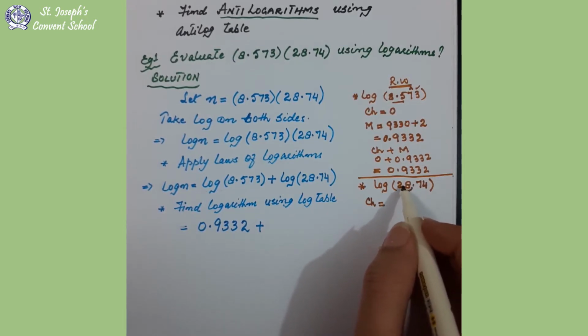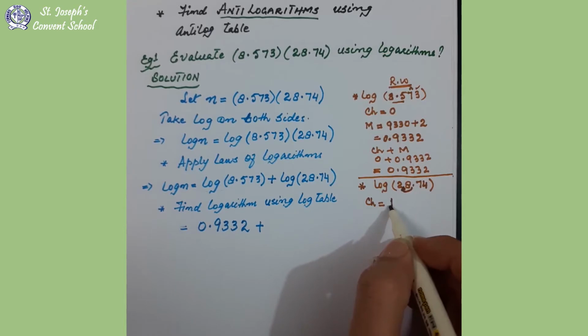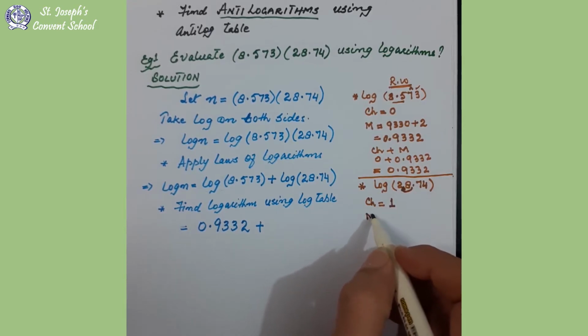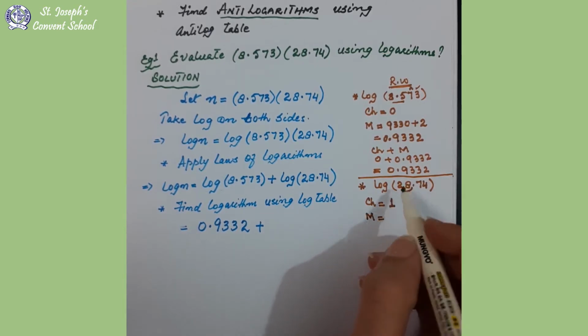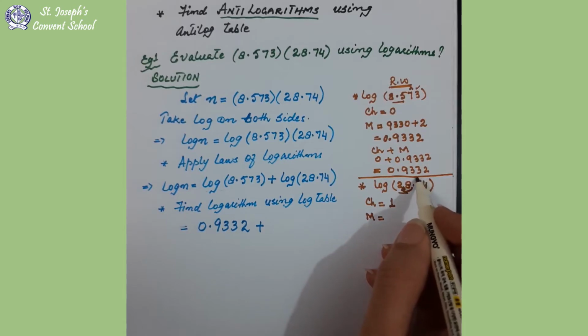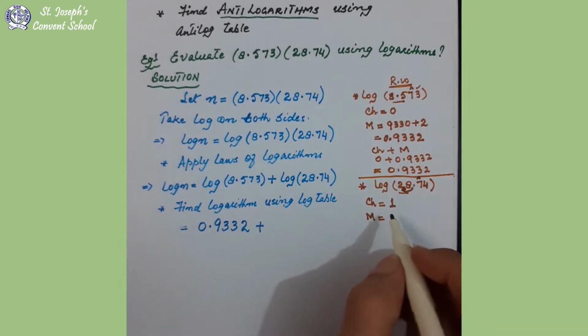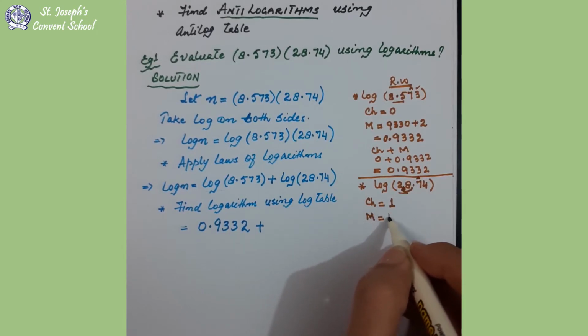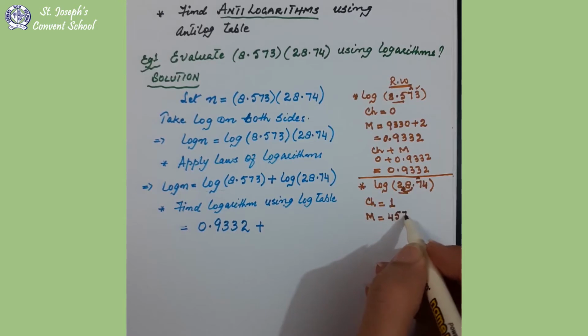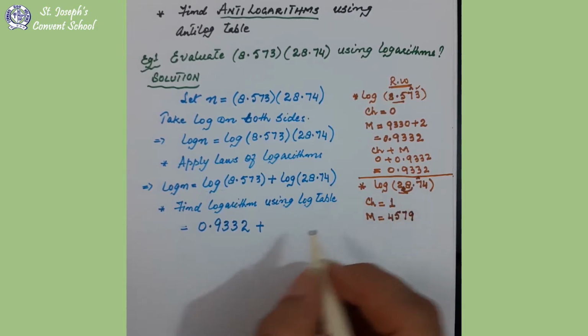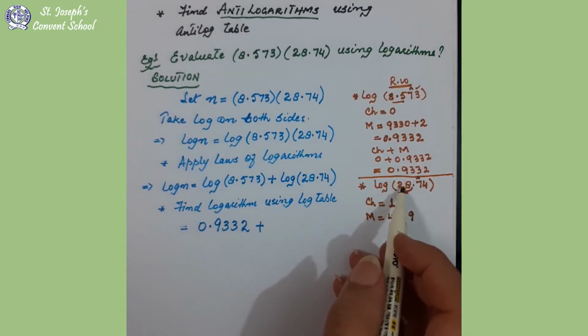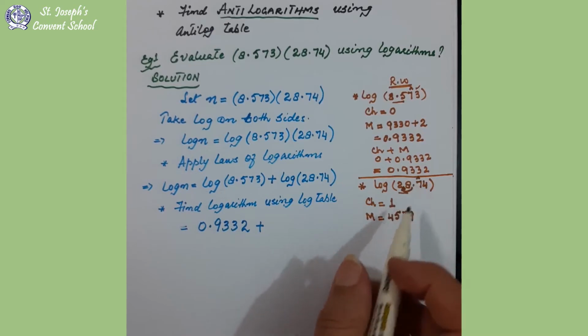So one place you are shifting, the characteristic is 1. Check the mantissa in the log table. You will check 28 column 7. So 28 column 7 in the log table is 4579. Okay, 28 horizontally and 7 vertically.